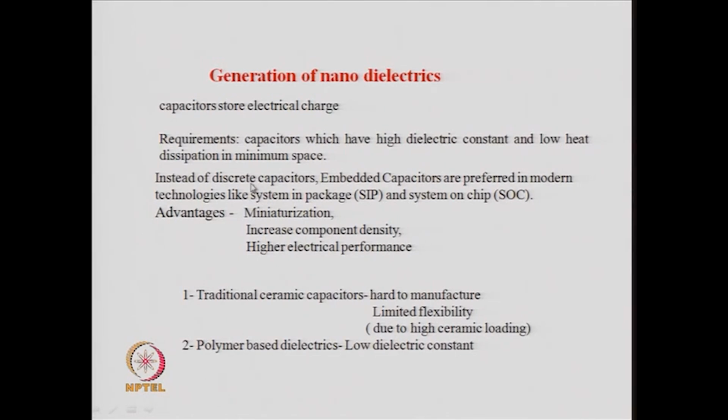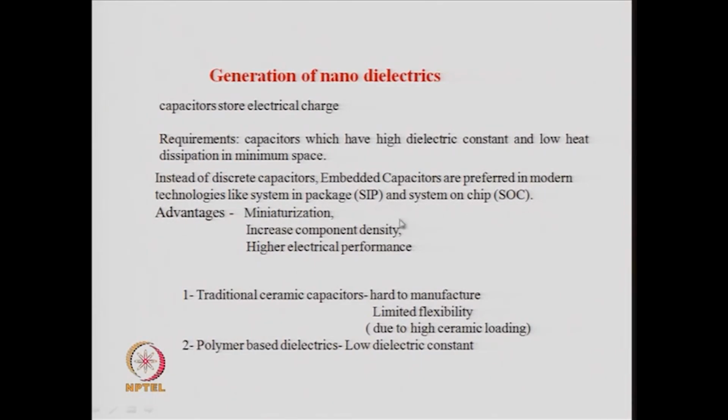Then instead of using independent discrete capacitors, what is more important today is to use embedded capacitors, and embedded capacitors are used in what we call system in package in these electronic packaging systems, and it is also called system on a chip.